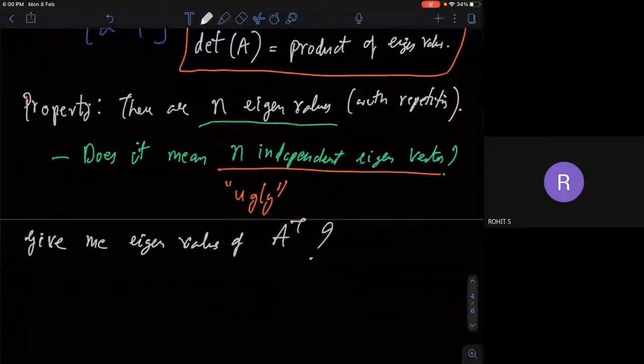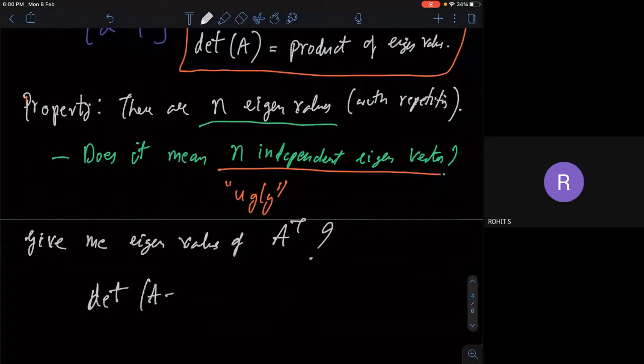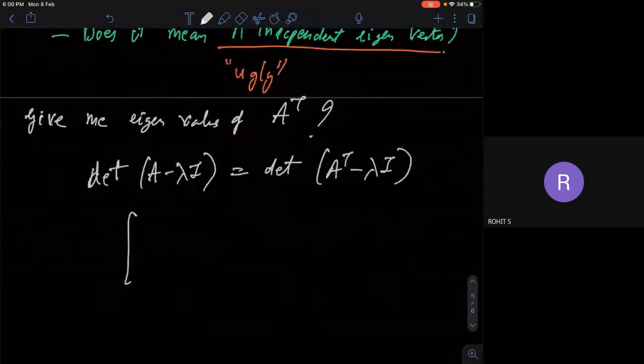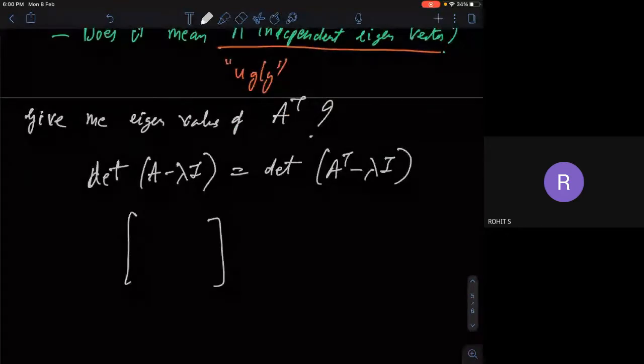It's the same as the eigenvalues of A. Why? Because the determinant of A minus lambda I is the same as the determinant of A transpose minus lambda I. You can see this because A minus lambda I has something minus lambda on the diagonal entries.